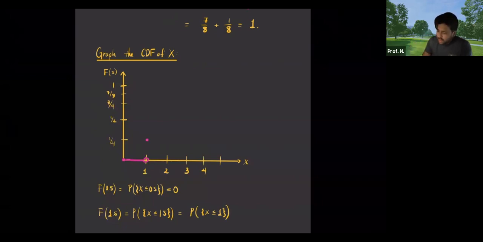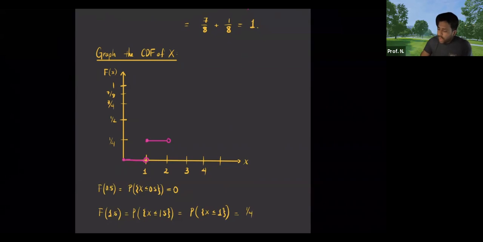But this inequality contains the idea that I can be equal to 1 or less than 1, and I already know what that probability is. It's a fourth. So I'm just trying to show you the reason why we have this kind of representation when we graph a CDF. Okay, it maintains itself.